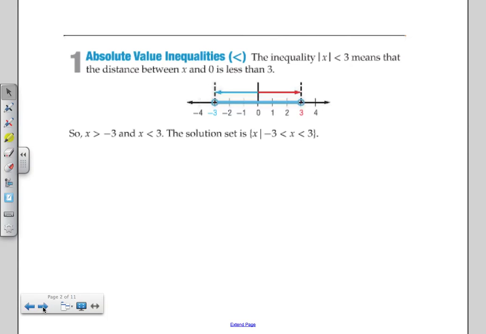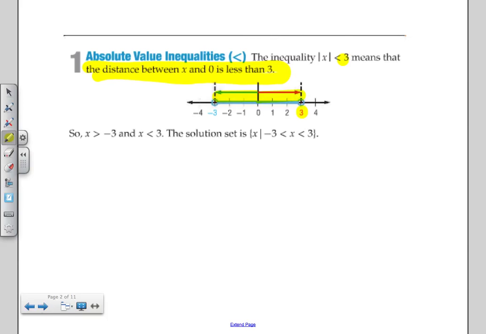All right, absolute value inequalities. The inequality |x| is less than 3 means that the distance between x and 0 is less than 3. So the absolute value of x means that the distance from 0 is going to be less than 3.